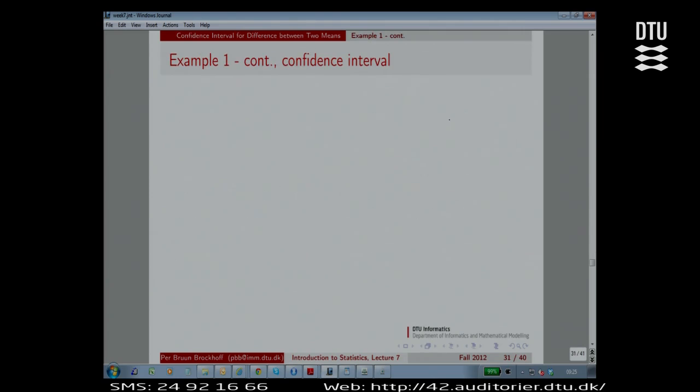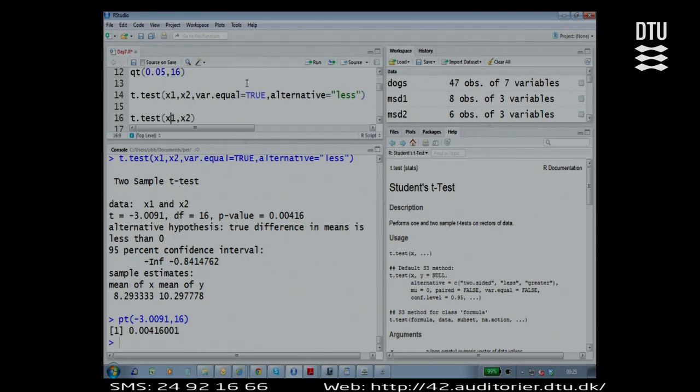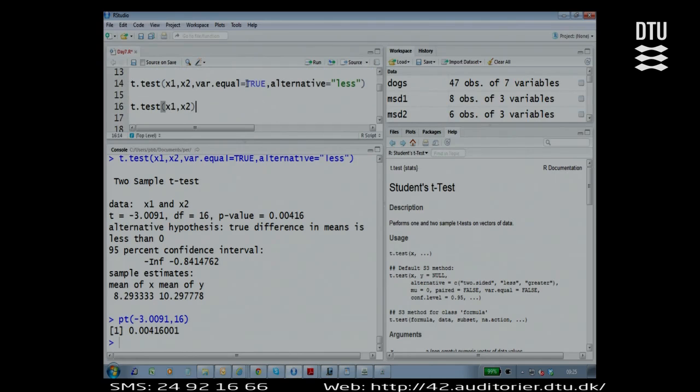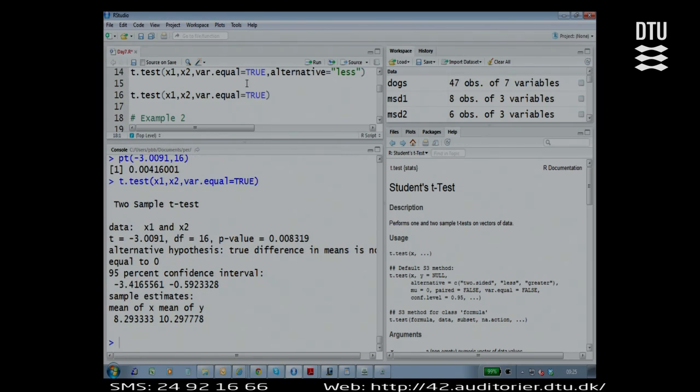Should we do it? I think now I'll be a bit lazy. I love being lazy. Let me do it like this. Now I do the t-test, where I do not put any options on whether it should be one or two-sided.